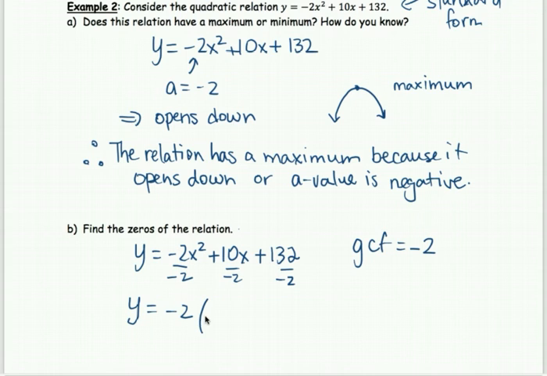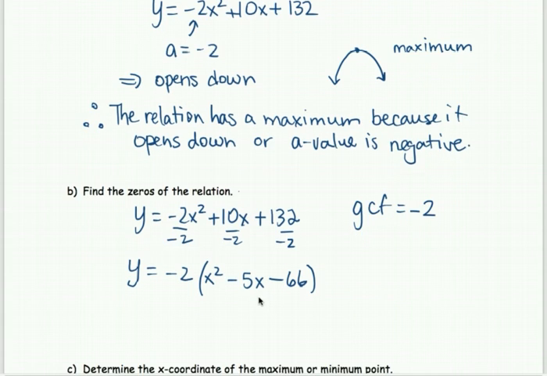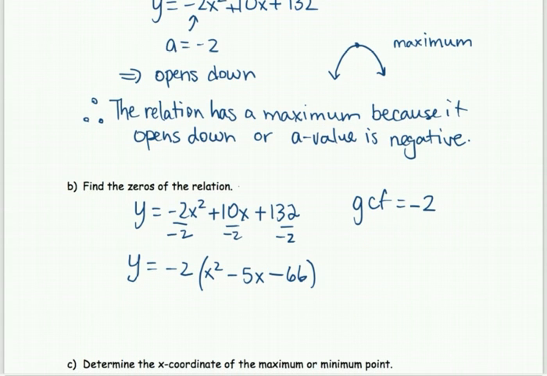Now we'll cancel these out, and you get x squared, cancel this out, get just negative 5, and then divide that by 2, and you get 66. All right, we want to get it to the factored form. We're not quite there yet. We got it slightly factored out.